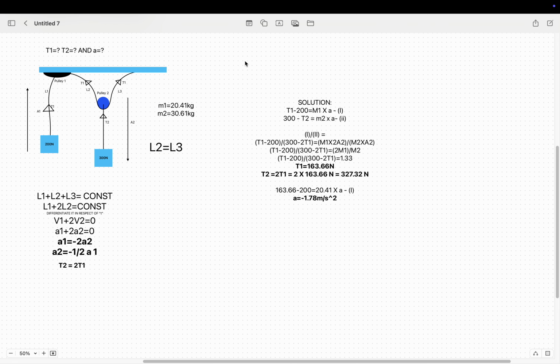Now the question is, why the acceleration, why we can see that actually the first acceleration is twice the second acceleration, but in the negative direction.